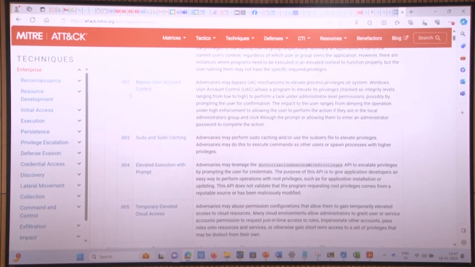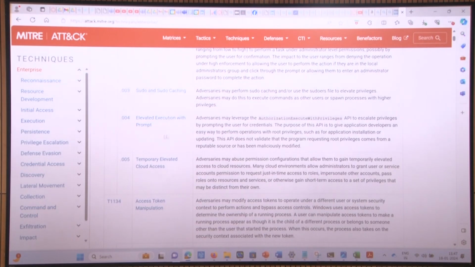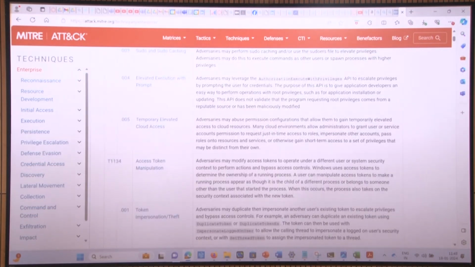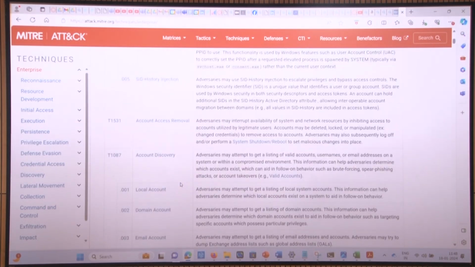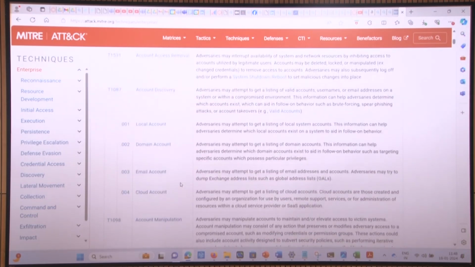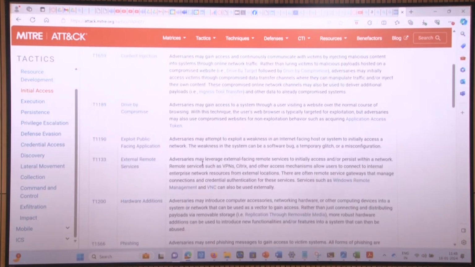Here is the bypass of user account control, sudo and sudo caching, elevated execution with prompt, temporary elevated cloud access, access token manipulation. So there are many different ways you can do privilege escalation. Similarly, you can have techniques associated with, let's say, initial access: content injection, drive-by compromise, exploit public-facing application, external remote services, and so on.